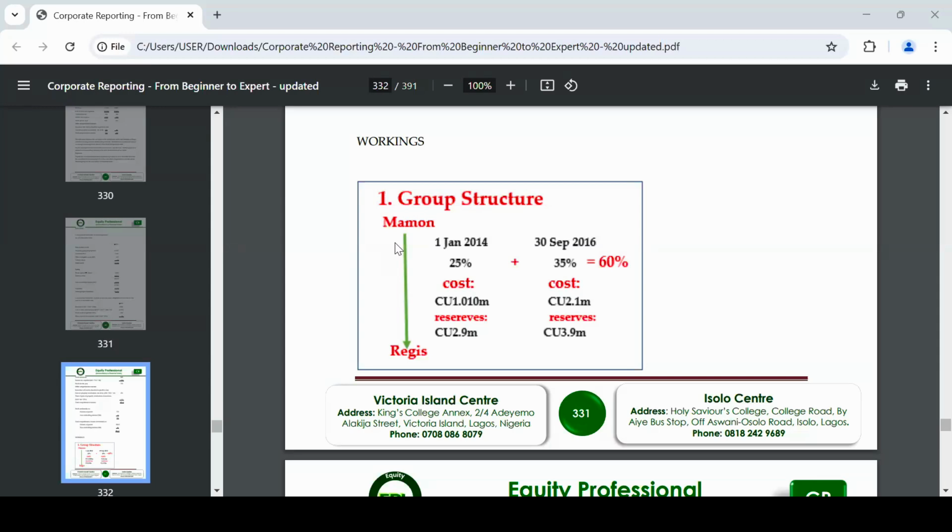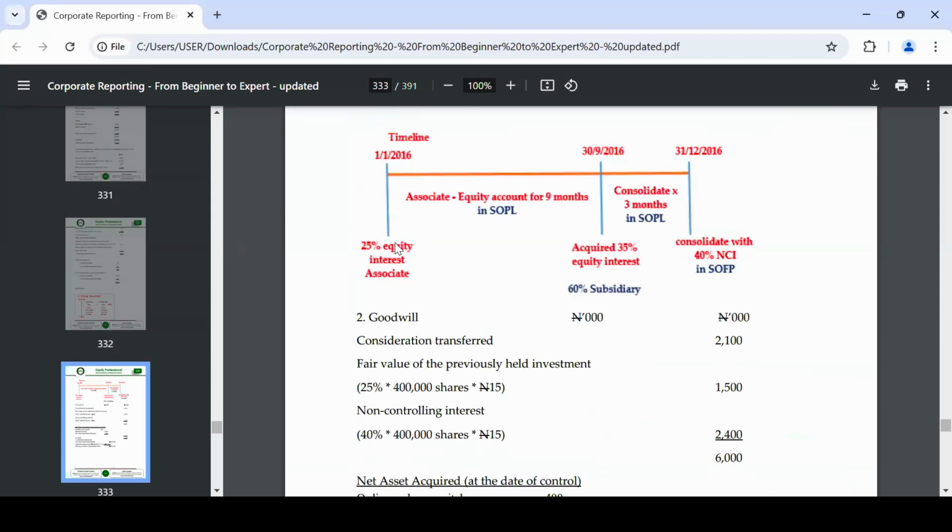Now let's go. This timeline is very important. Now, at the beginning of the question, they told us that 25% was accounted for using associate investment, equity accounting, all right?